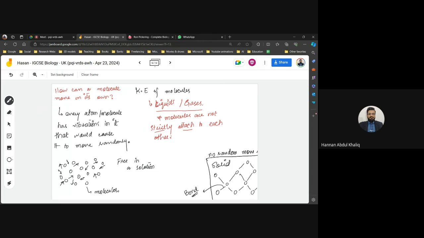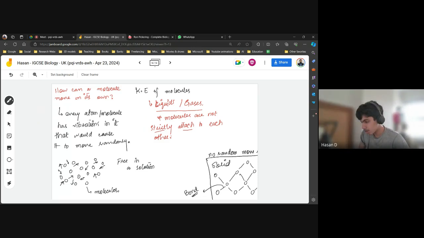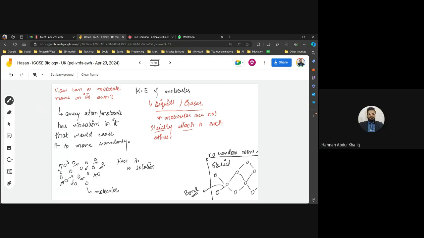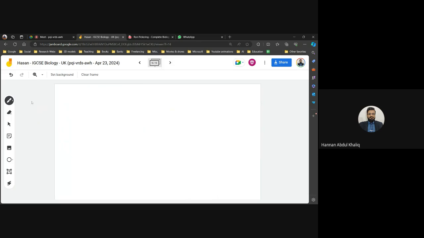How would you break the bond of a solid? Suppose plastic. Burn it maybe, melt it. You would melt it, and you would free their movement. So in liquids or gases, there is no particular attachment of the molecules. That is why they can easily move, and that is the cause of a passive movement.